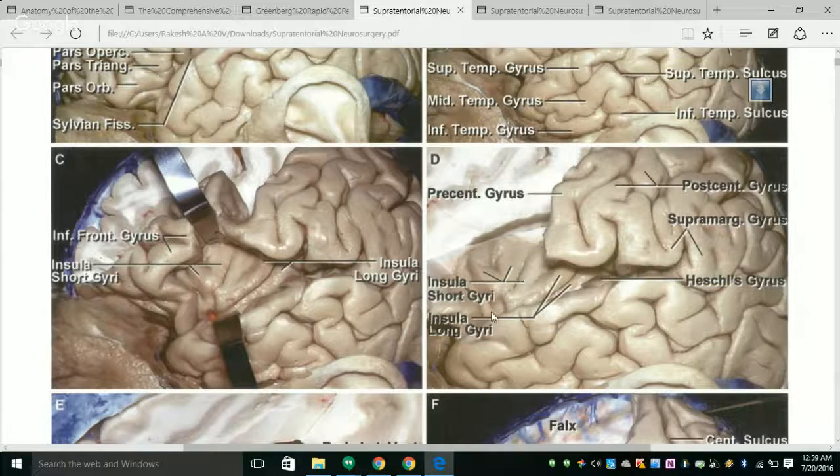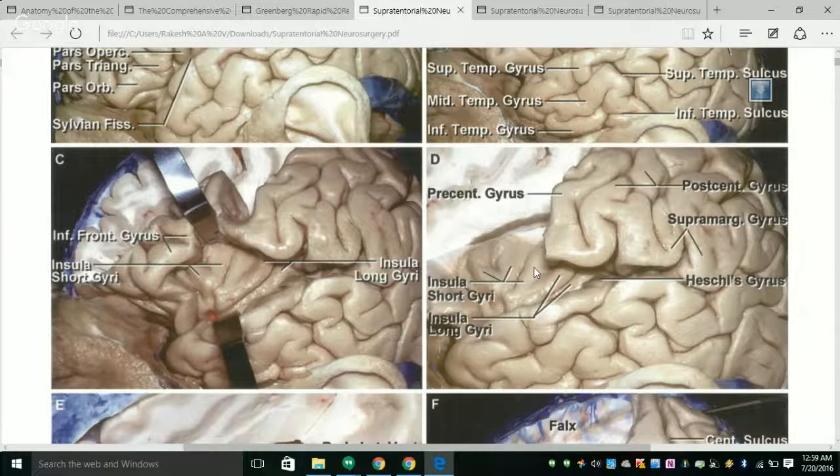So we have these gyri of the insula radiating upward and backward.